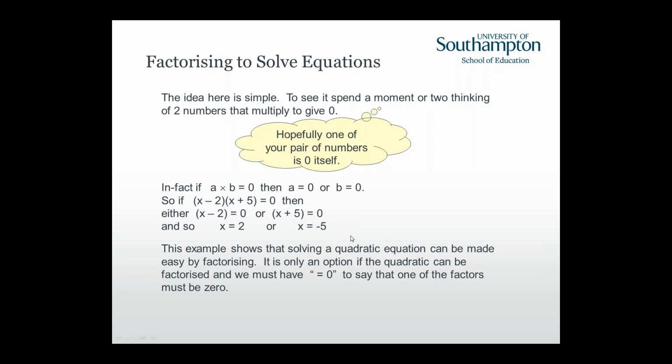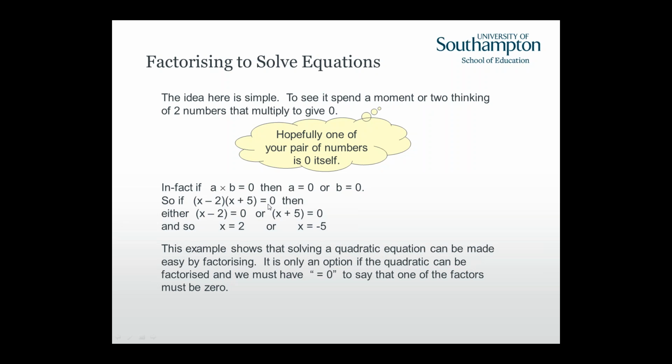The key thing, and I forgot this my first time teaching quadratics, I could not figure out why I could not get the answer that I was expecting. It was because on the right-hand side of the equation there was still a number. So I'd managed to factorise it and leave a number over here.